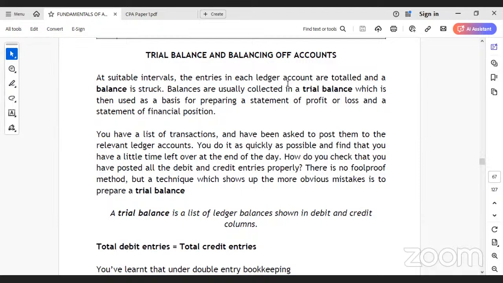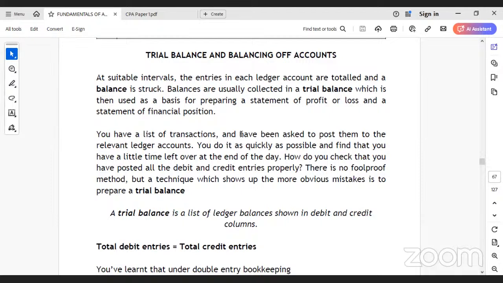Then those ledgers will be balanced, and then a trial balance will be prepared. So we are going to see how we post these transactions to the respective ledgers, how we balance off the accounts, and how we come up with a trial balance.